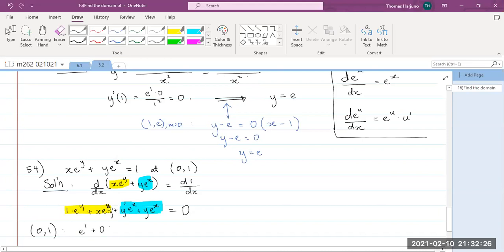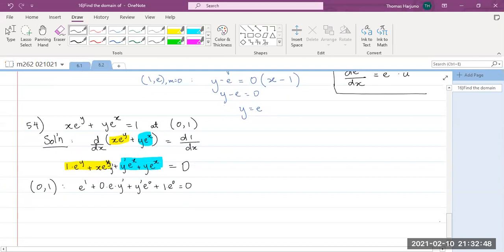So e to the y is e, times y prime, plus y prime times e to the 0, plus 1 times e to the 0 equals 0. And let me fix this part here. It's product rule with chain.